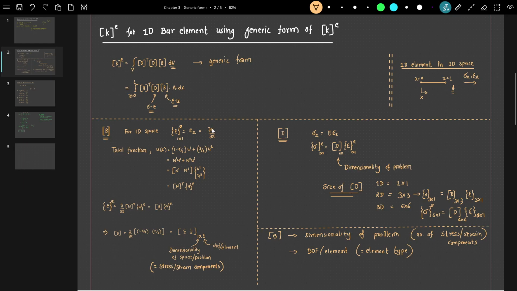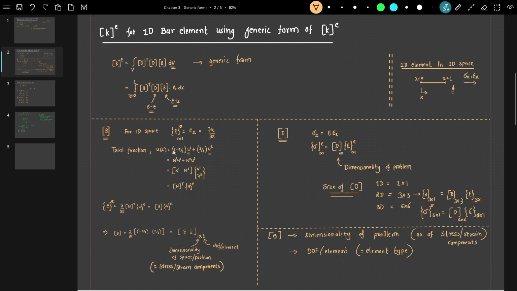Now we need to give this u, which as we know is a solution function. So in FEA the fundamental concept is that we assume a trial function, and we represent it as a discrete function. That means we represent displacement in the form of displacement at node 1 and displacement at node 2.